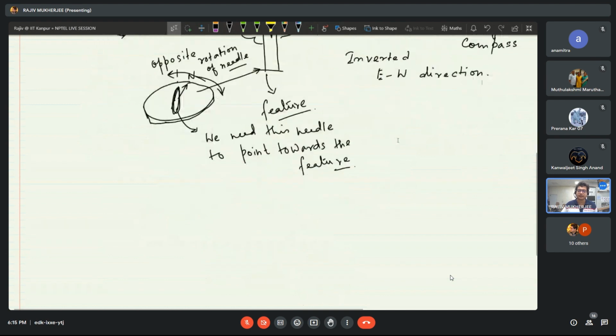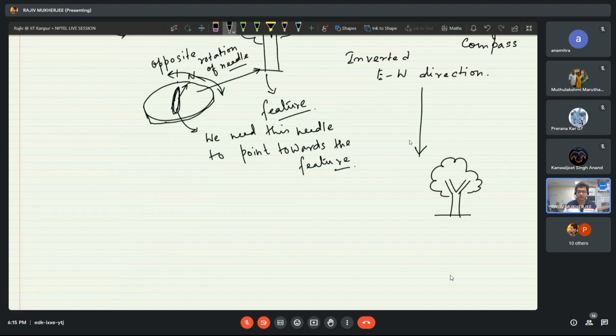So that whenever we are pointing our compass, say for example, say this is north and we are trying to measure our feature here, our needle will point towards the feature, and just because the dial of the compass is rotating in the opposite direction, right?